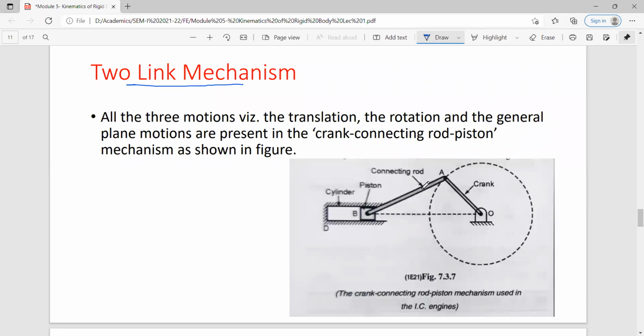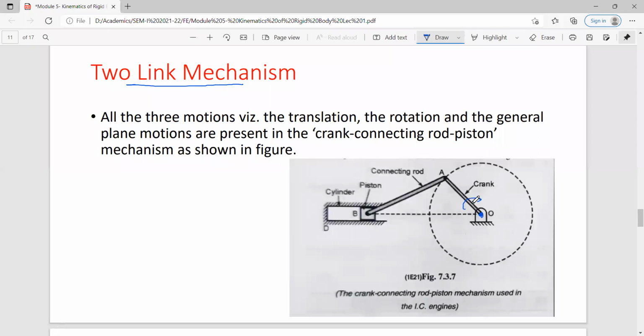So see how this mechanism is made. This link, this rod, is known as the crank, and this crank is pinned here. यहाँ पे उसको pin करते हैं, pin joint, turning joint. Because of that, this crank can turn about point O.